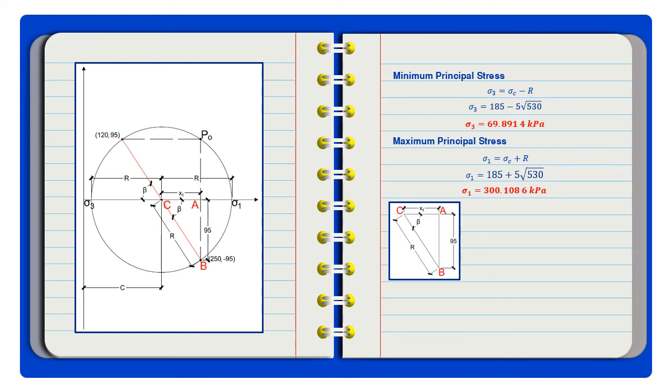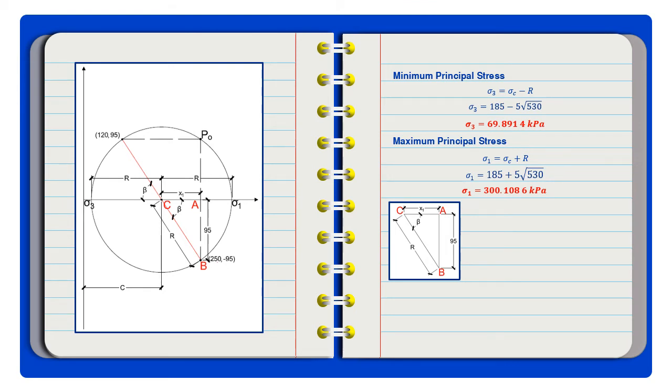So, triangle ABC will be consisting of a height na 95 kilopascal, which is yung shear stress na nandito. Then, it will also have an R, yung radius ng circle natin, and a value on the horizontal line segment AC, which is x sub 1.